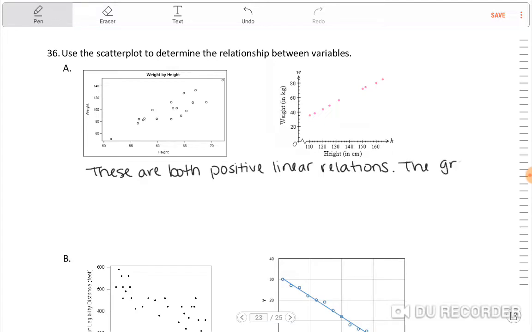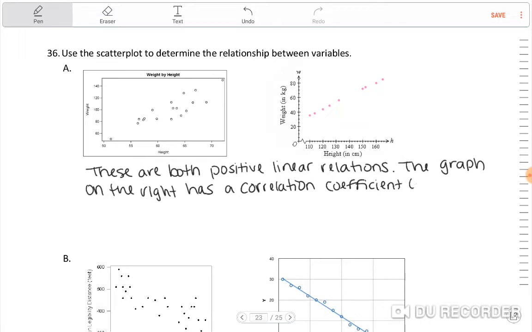The graph on the right has a correlation coefficient R closer to 1.